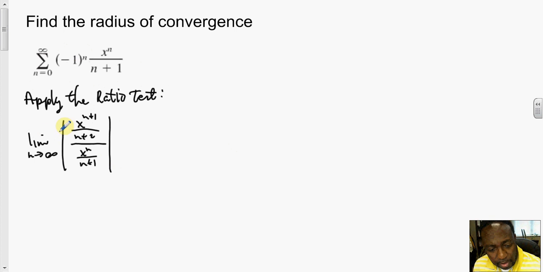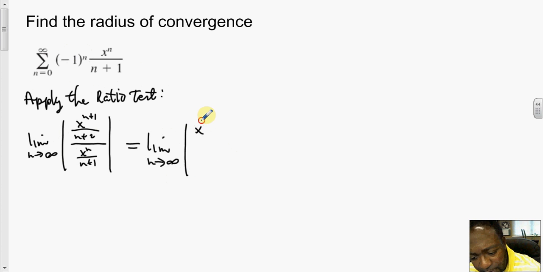The ratio test is the limit of the absolute value of the a sub n plus 1 sequence term divided by the a sub n term. So the limit is n goes to infinity of the absolute value. This is x to the n times x, that n plus 1 comes upstairs.